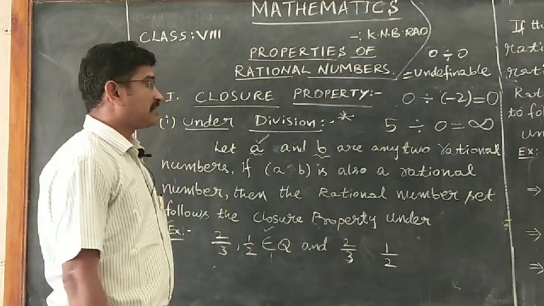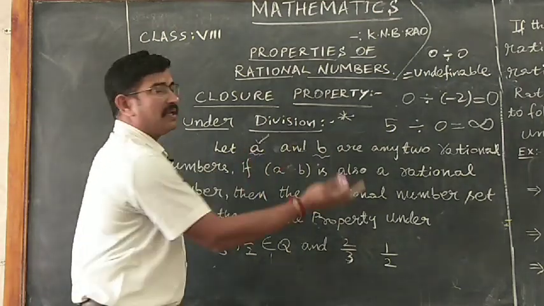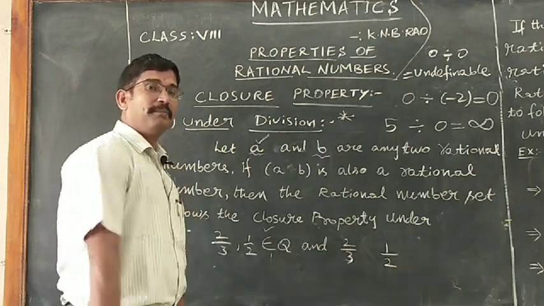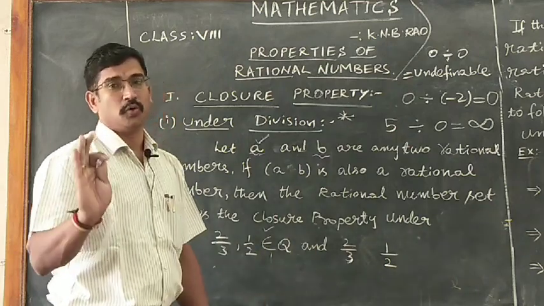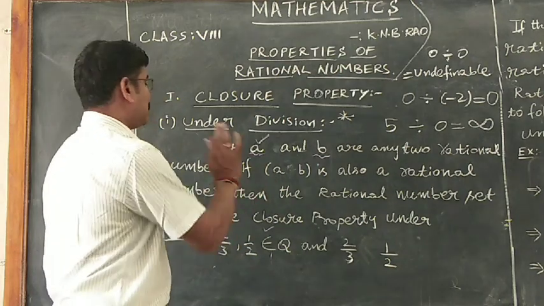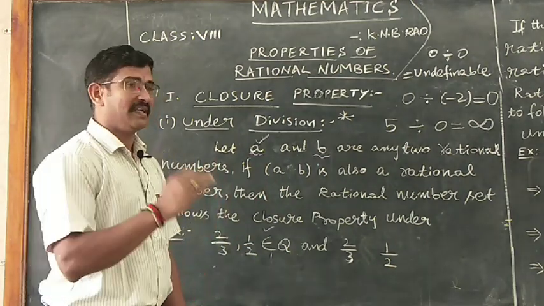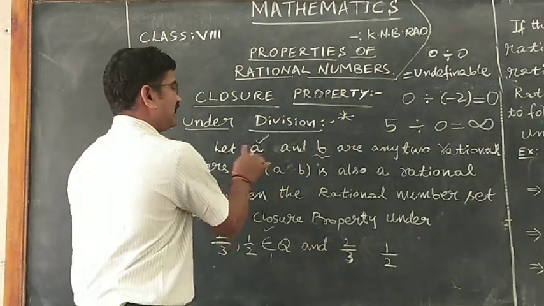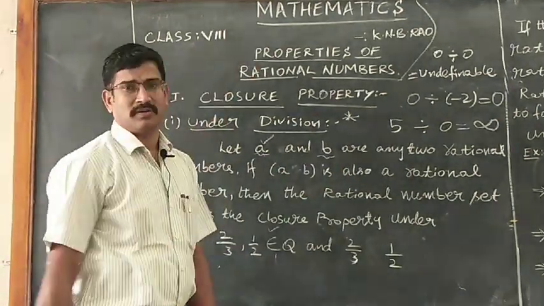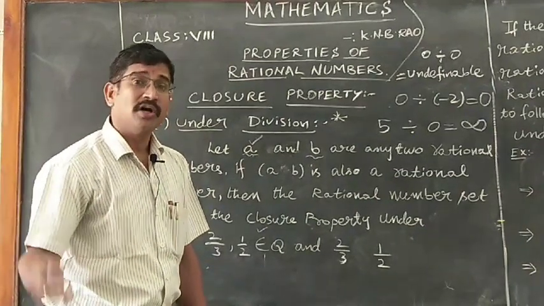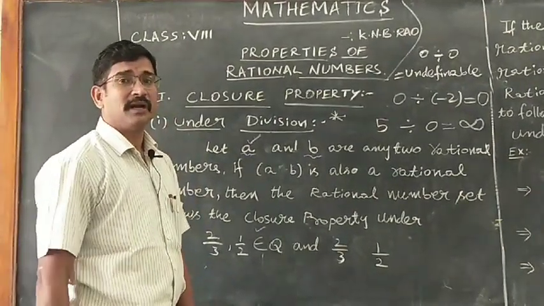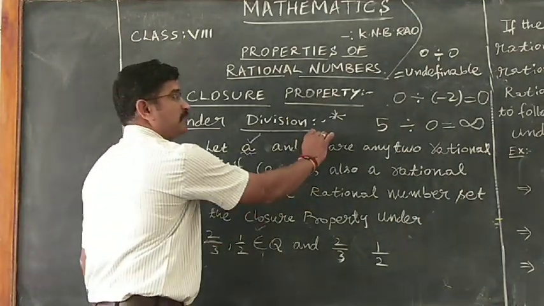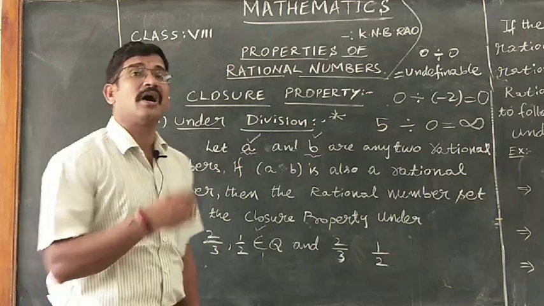So, how will we say it? Let A and B be any two rational numbers provided B is not 0. So, that condition has to come. Or for your class 8 standard level, we say let A and B both be non-zero rational numbers. What is the meaning of non-zero rational numbers? That means the possibility of A as well as B being 0 is also eliminated.